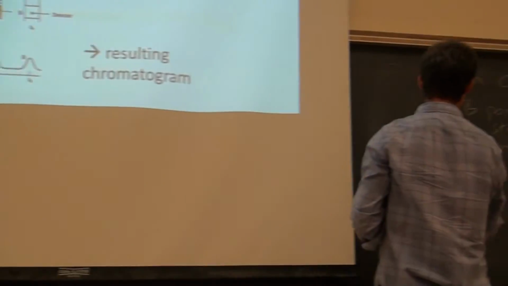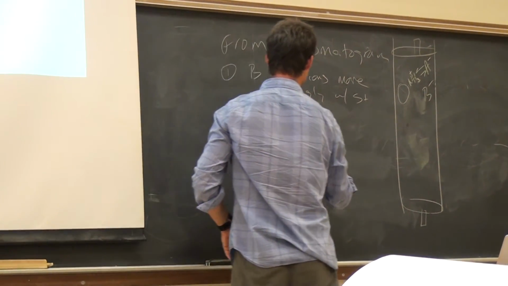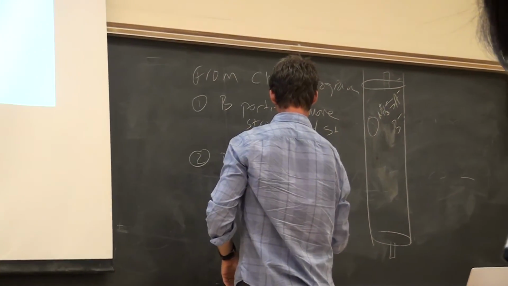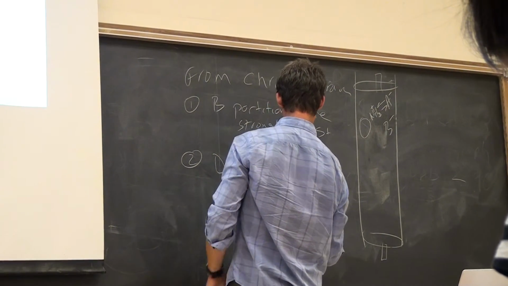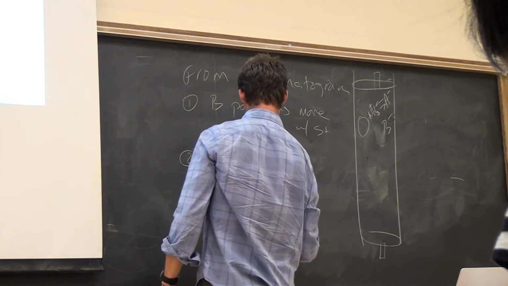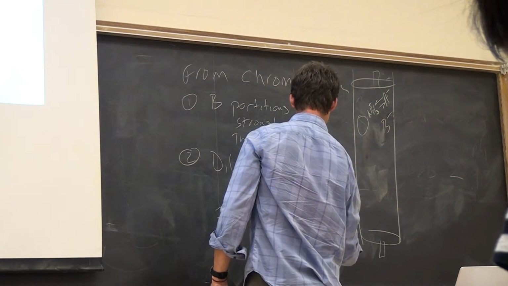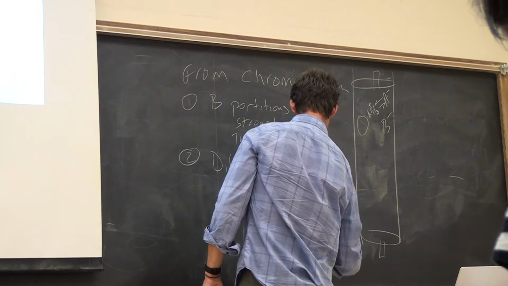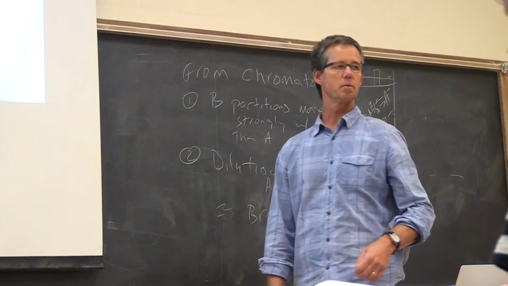So the point is then, that for most chromatographic separations, there's a dilution of the analyte, and that reflects that there is a broadening of the peaks with elution, which is what I want to point out here.